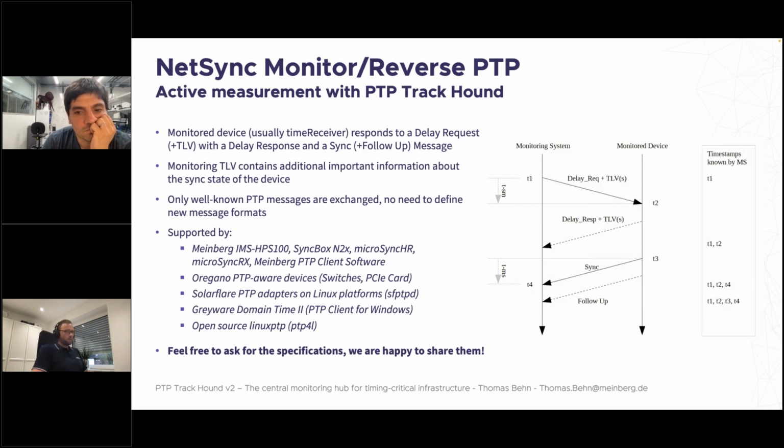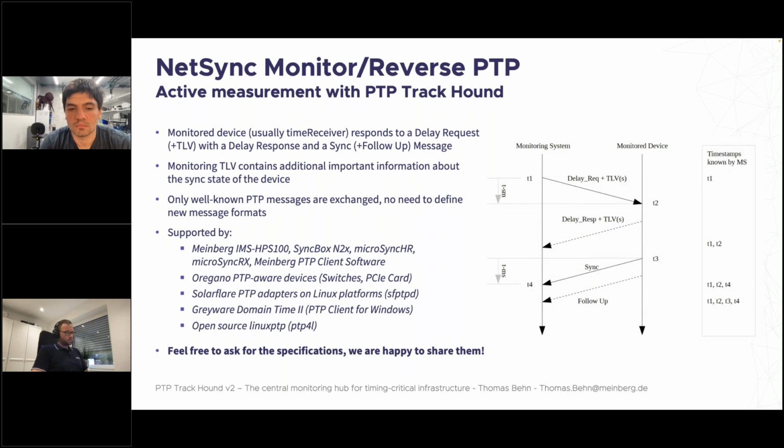This mechanism is as of now supported by us, of course, so by our IMS cards, by the SyncBox N2X, microSync, and also by our Meinberg PTP client software. It's also supported by Oregano PTP-aware devices, so switches and the PCI Express card they offer. It's supported by Solarflare PTP adapters on Linux.